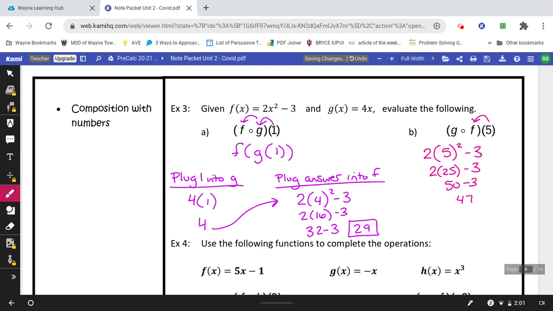It's 47. Once you get that answer, you plug the answer into g. So it's almost like you're double plugging it in. So you're going to plug 47 into the x. 4 times 47. And you just multiply. 188.